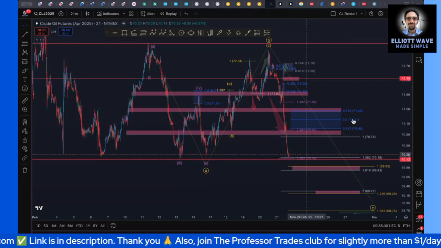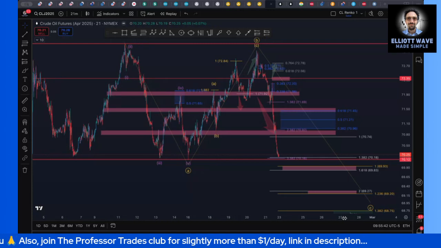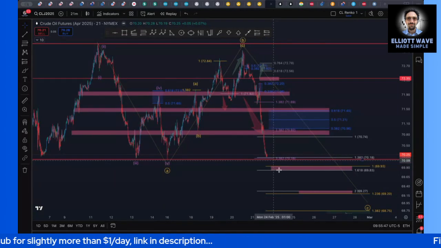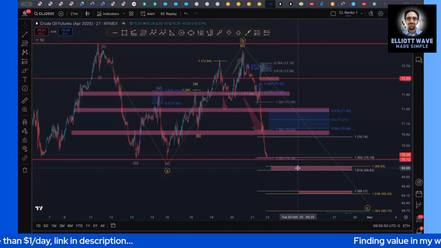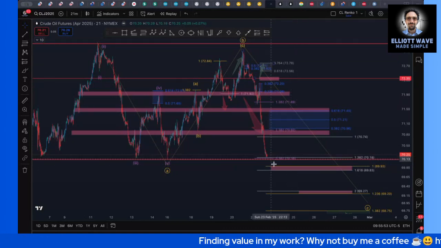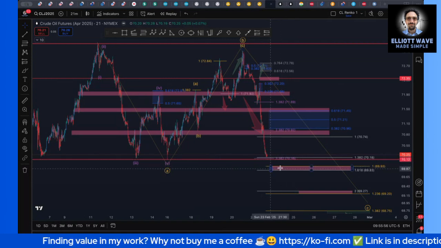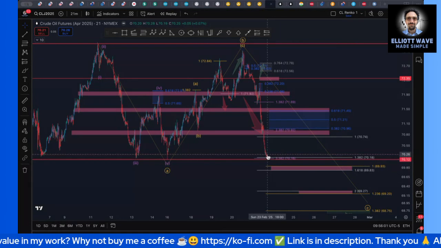What I'm looking for this week, let me give you some parameters. If it catches support right here, which it certainly could, but if it breaks this current level and makes it down here, I will be looking for a bounce to form, if not from where we are currently.